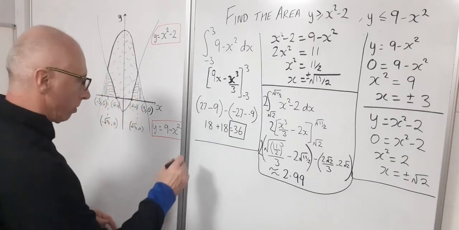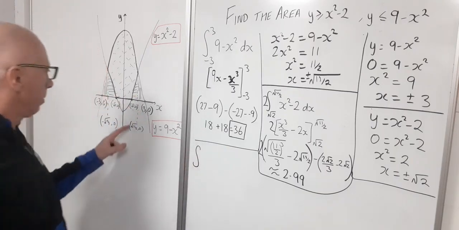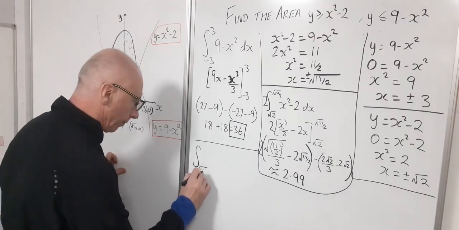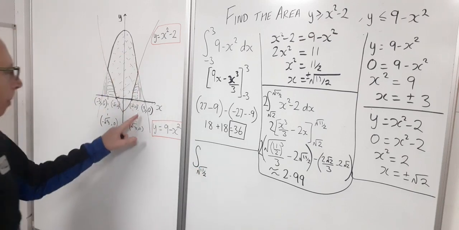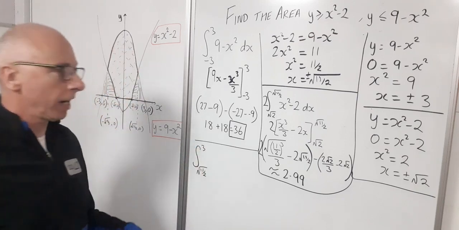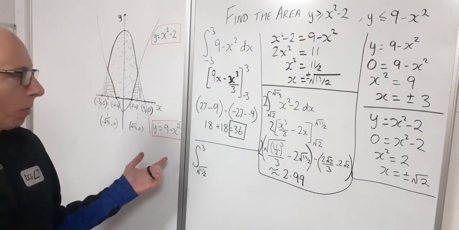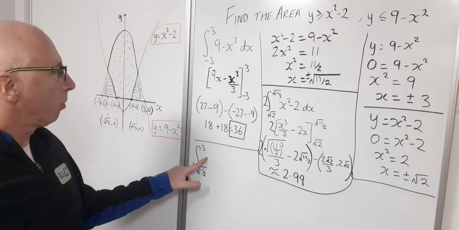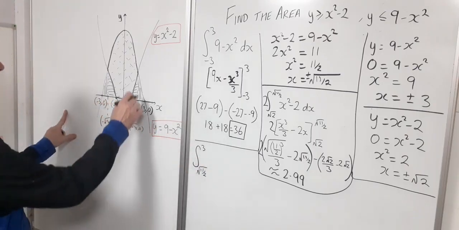Let's do that integral. My lower bound is square root of 11 over 2, and my upper bound is 3. When we get to the end, we'll double it again as we did here.